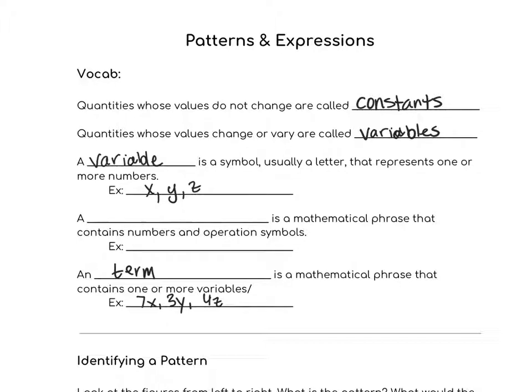So a term is that contains one or more variables, just that, right? This one is actually an expression. So this is a mathematical phrase that contains numbers and operation symbols. So it could be something like 7x plus 4y minus 3. Sorry about that.